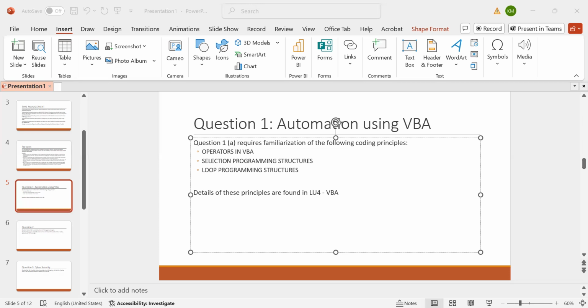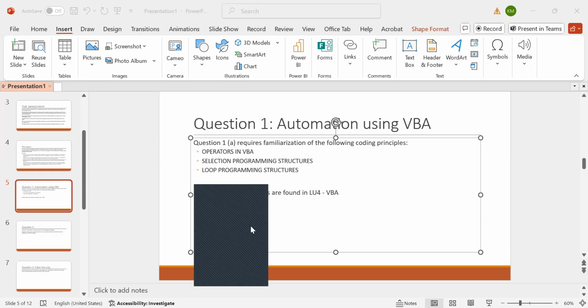Now I'm checking the question paper. Oh, the question paper looks like it's a big challenge for me to load. Let me quickly load it.